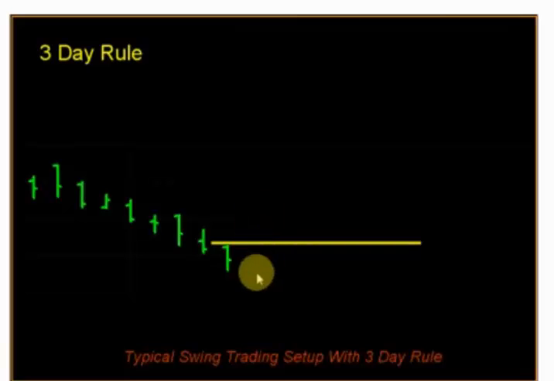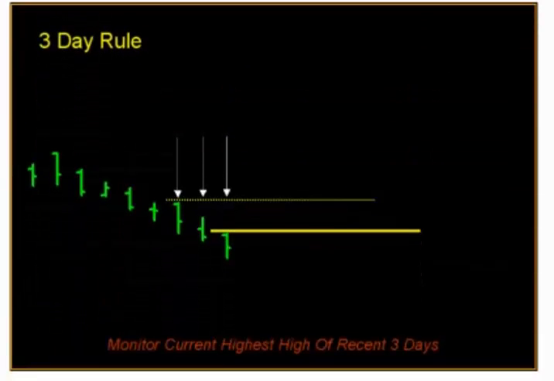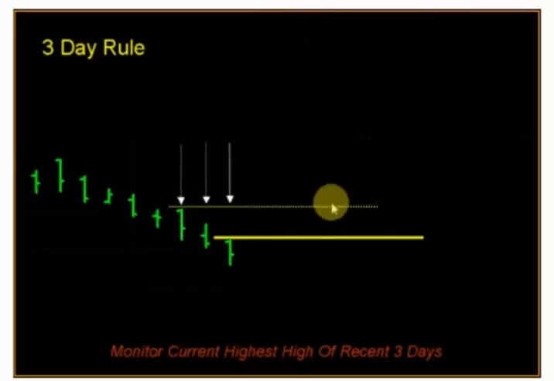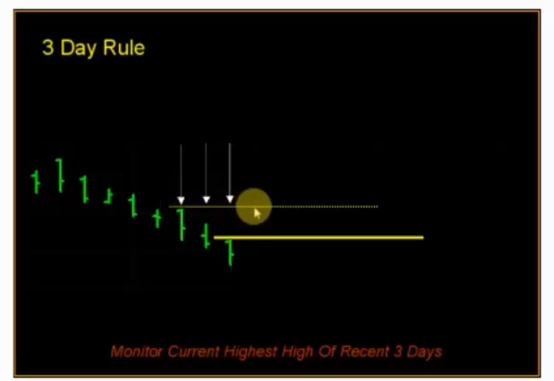The 3-day rule is, once we have our line in the sand where we want to try to take a trade, we just go back 3 days. So we got three days on the chart, and we go back to the 3rd day, and we're going to use that high.